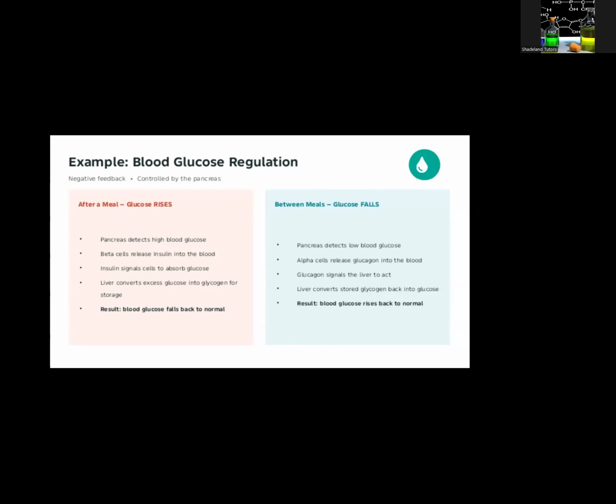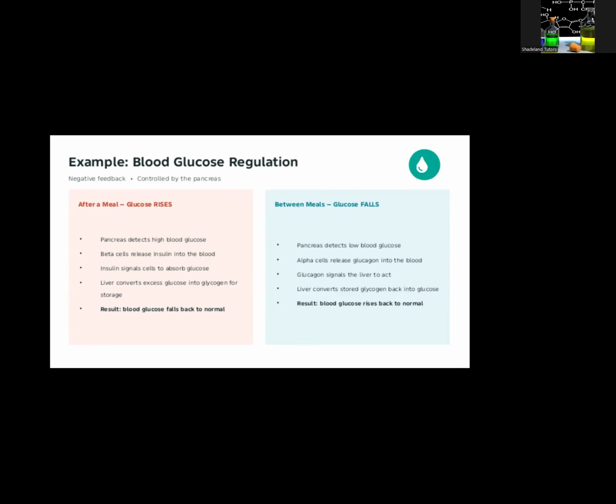So when the pancreas detects low blood glucose, the alpha cells release glucagon, another hormone, into the blood. Glucagon signals the liver to act. The liver converts stored glycogen back into glucose. The result is that blood glucose rises back to normal.